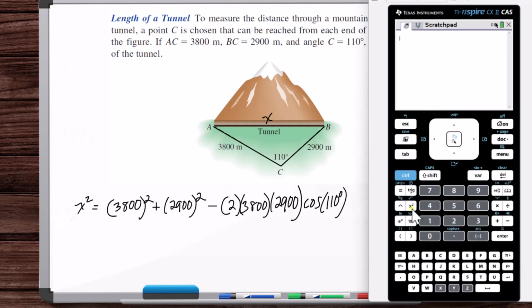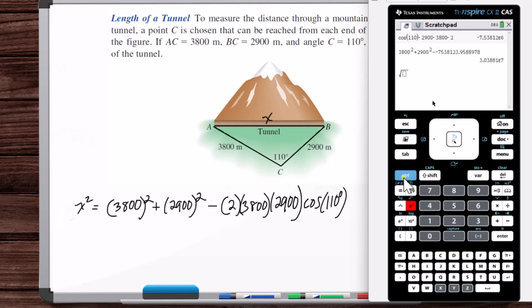So we've got cosine of 110 times 2,900 times 3,800 times 2. Then 3,800 squared plus 2,900 squared, then minus this.